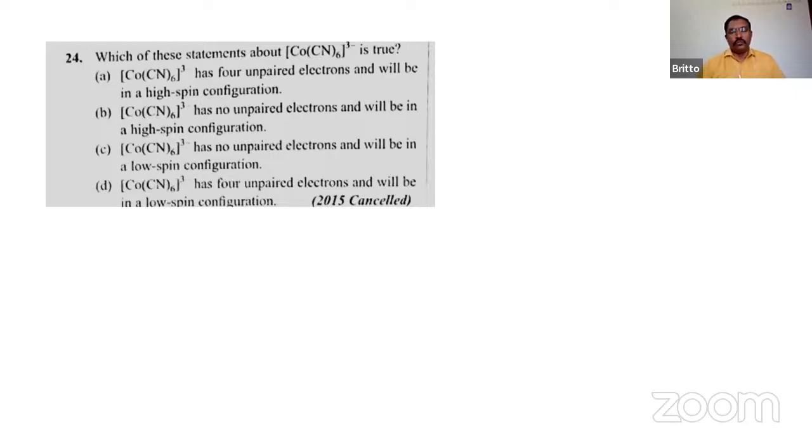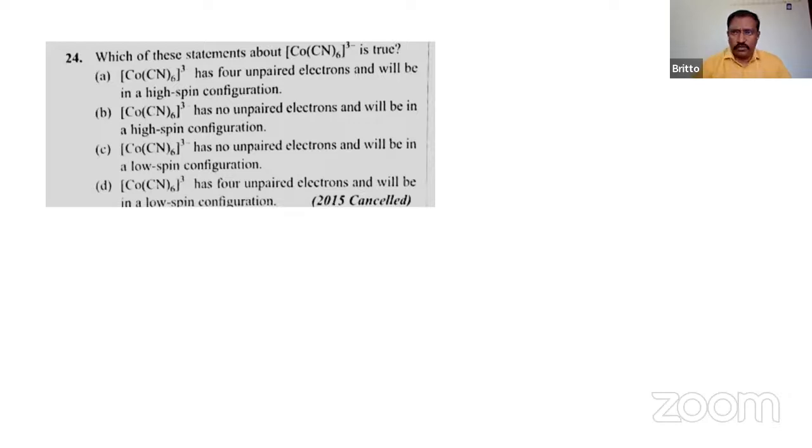So you must know the strong ligands and weak ligands. What are the strong ligands? What are the weak ligands? And you should also know the atomic numbers of the elements. In some problems they might give them, in some they may not, so be prepared.